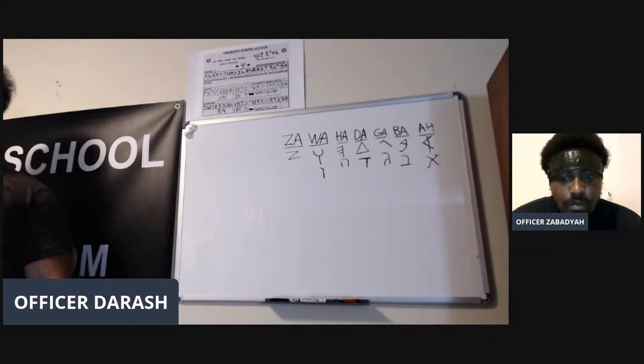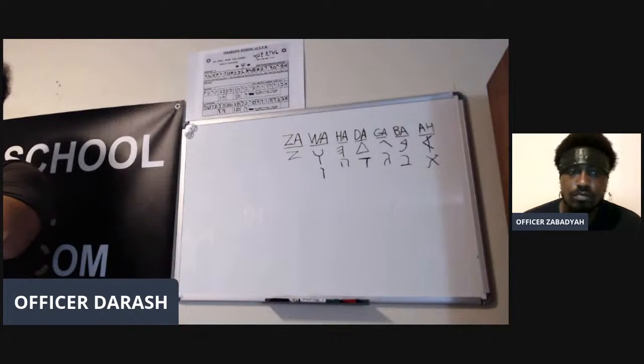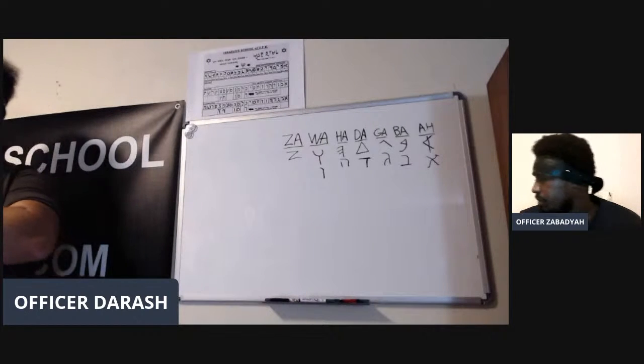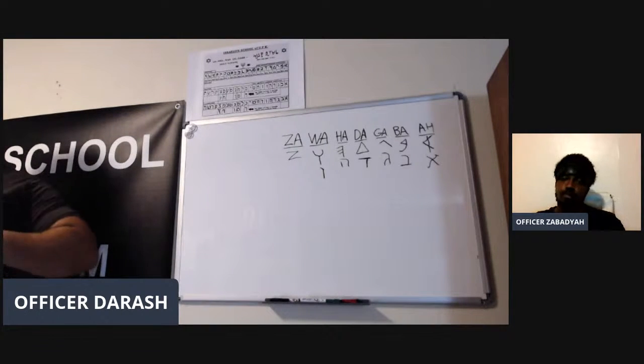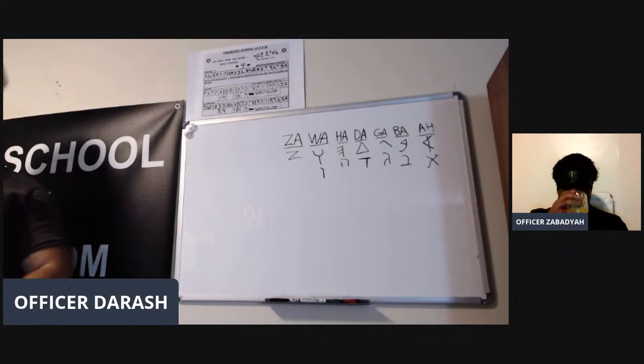Like Sha is pretty easy. It's like a W. All right. Za is a Z. Da is a triangle.